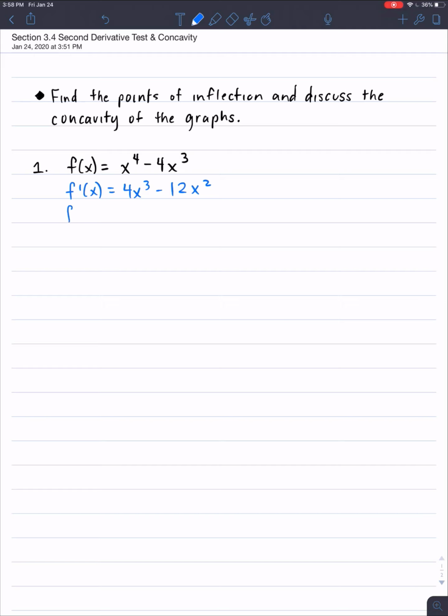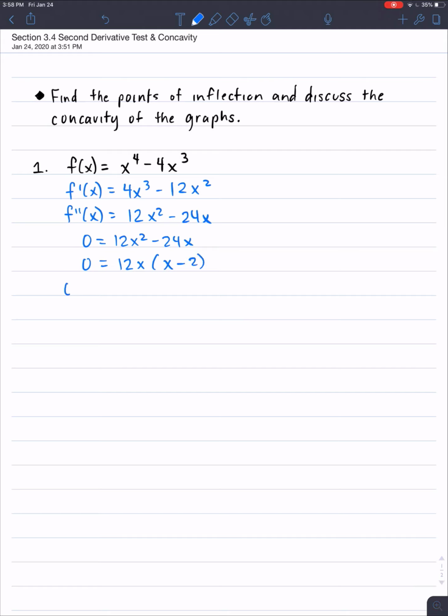and then after that we'll take the derivative of that to get our second derivative. Then we need to set our second derivative equal to 0 and factor. We'll take out 12x, which leaves us with x minus 2.